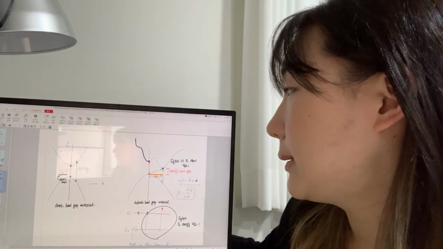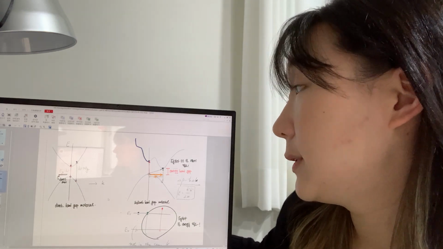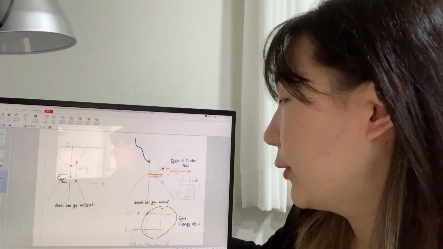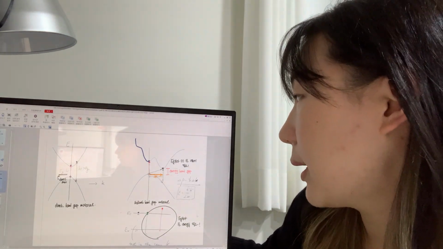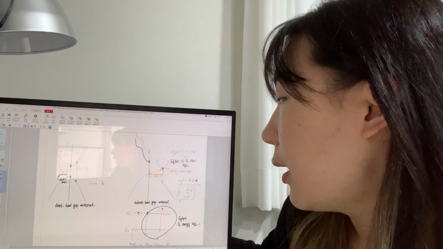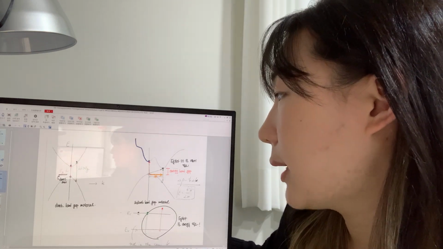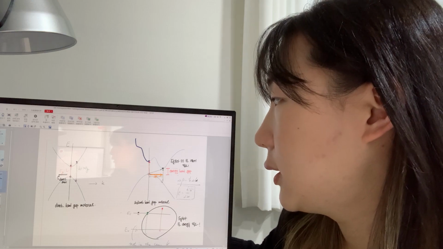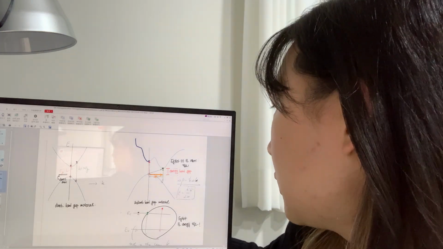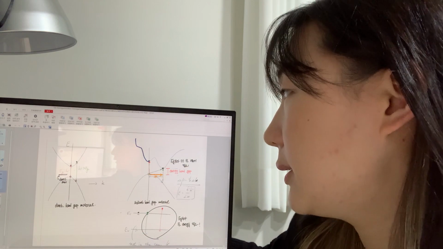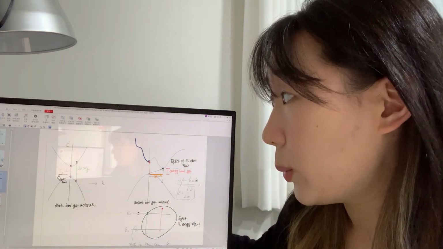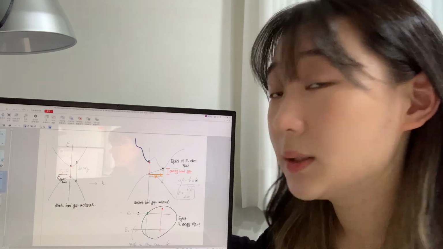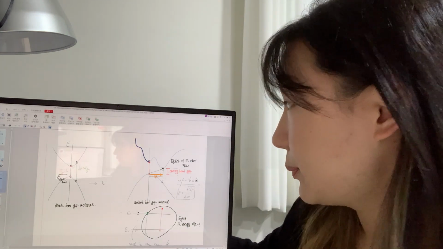And this is the plot of direct bandgap material and indirect bandgap material. In direct gap material, if the energy is the same as the energy gap, the carrier can jump into the conduction band.